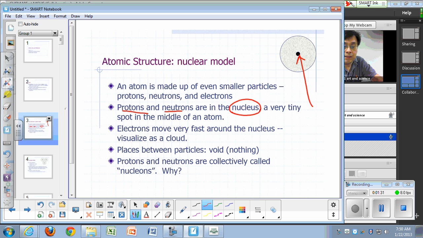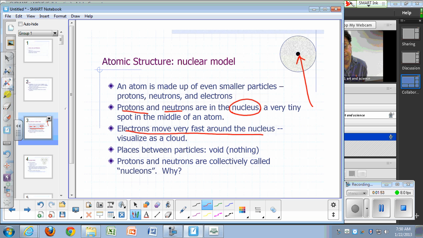Going around very fast around that nucleus are the electrons. Electrons are very small and very, very fast compared to the protons and the neutrons, so it's frequently convenient to imagine electrons as a cloud, like a blur around your nucleus.